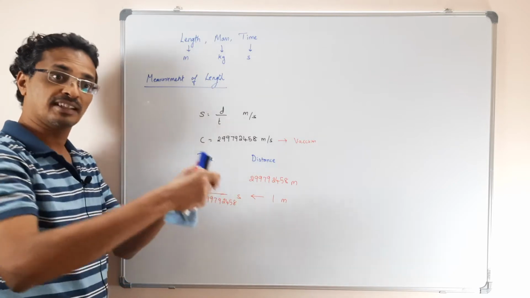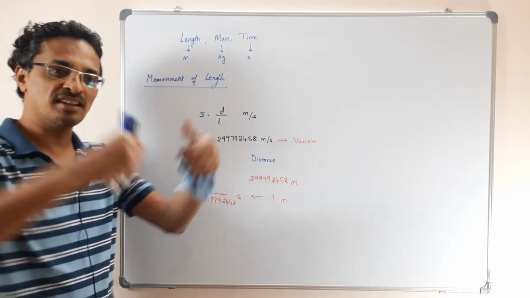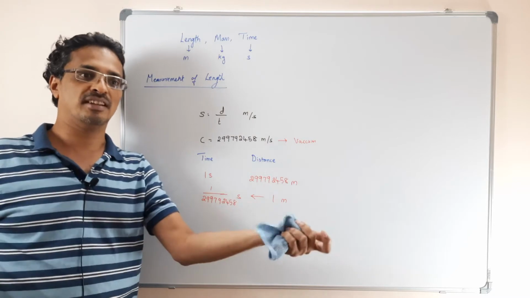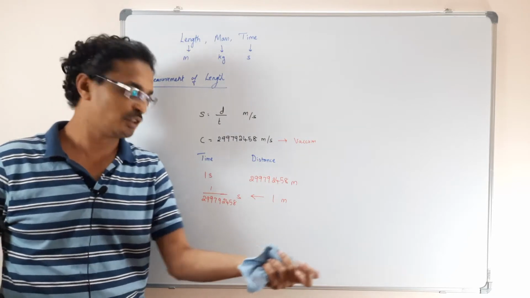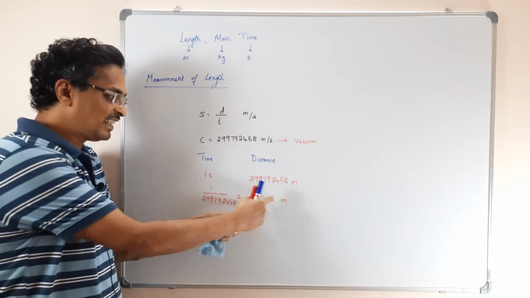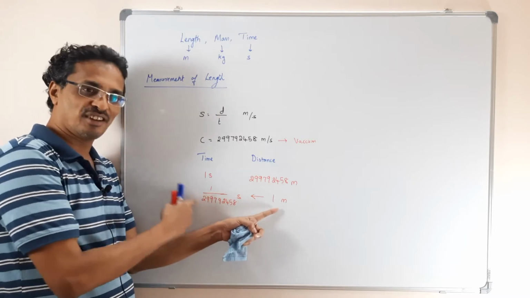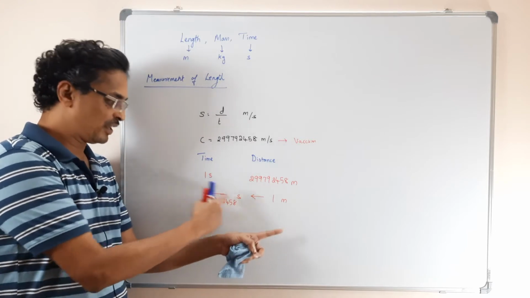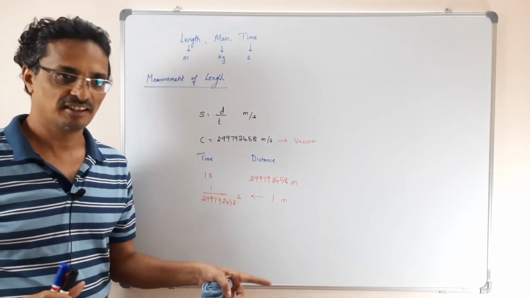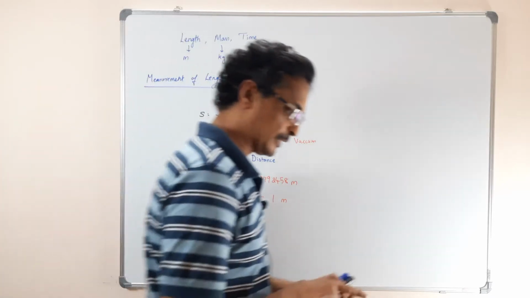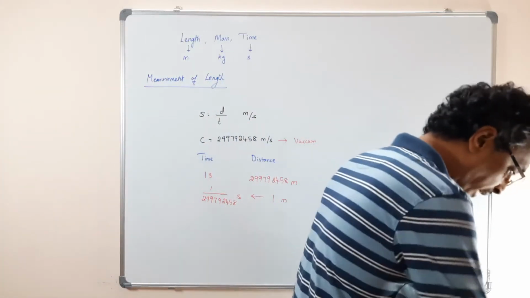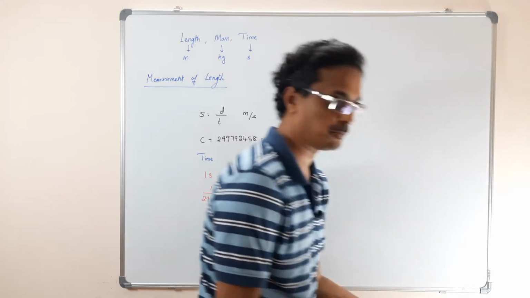With respect to that, I can measure. When I say 10 meter, it is 10 times the distance traveled by the light in 1 upon this many seconds. You got it? By that I am able to define the unit meter.